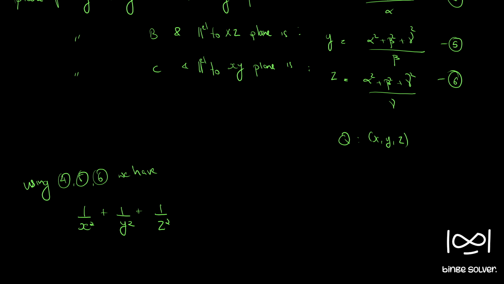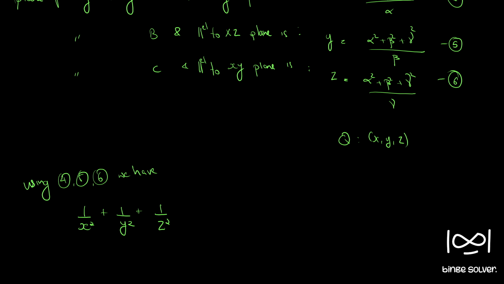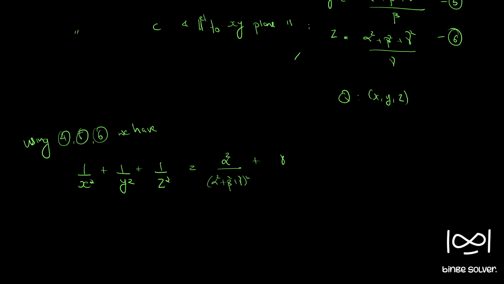From these equations it can be written as alpha square by (alpha square plus beta square plus gamma square) the whole square, plus beta square by (alpha square plus beta square plus gamma square) the whole square, and so on.